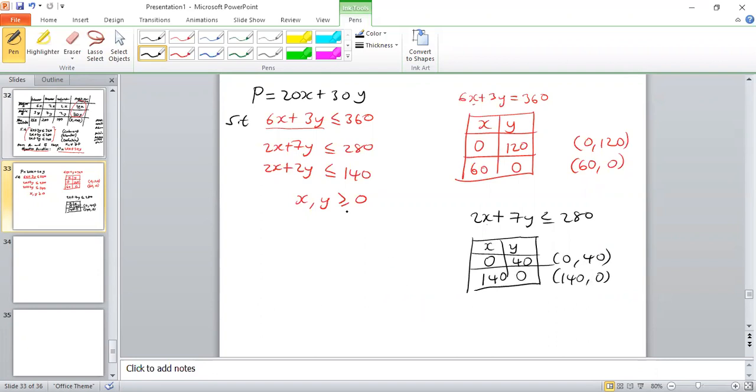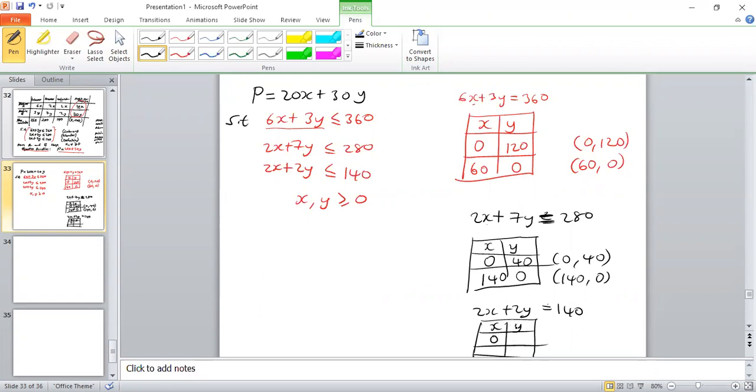Then we go to the third one, which is 2x plus 2y equals 140. Just put equal there. x and y.